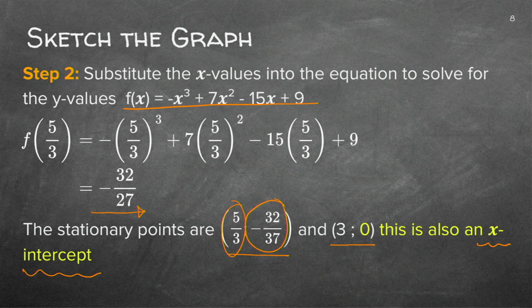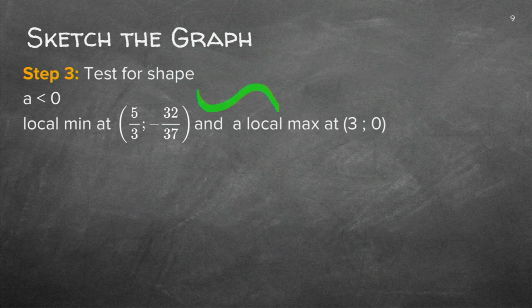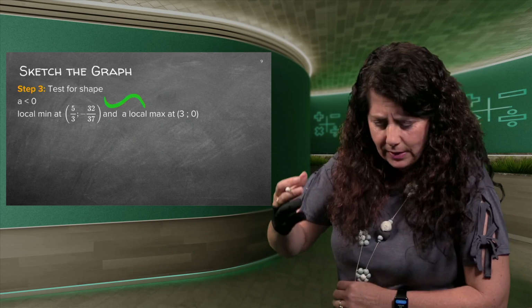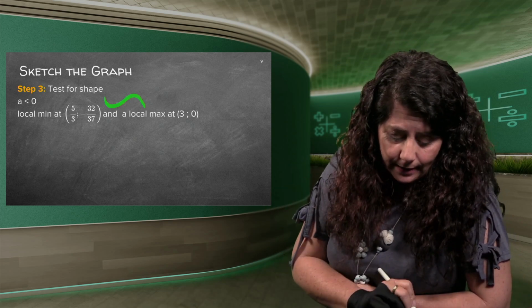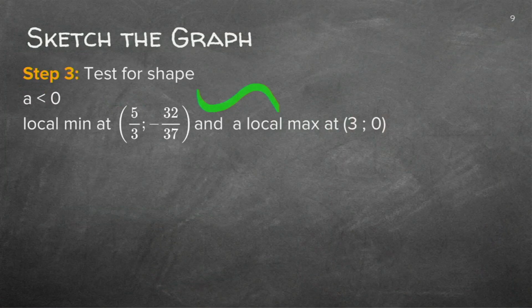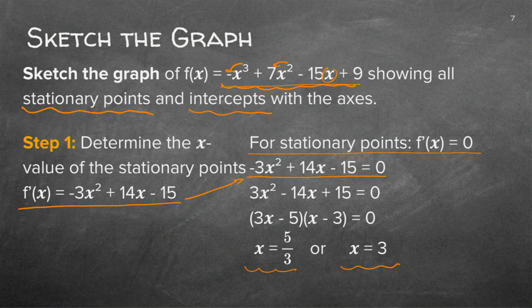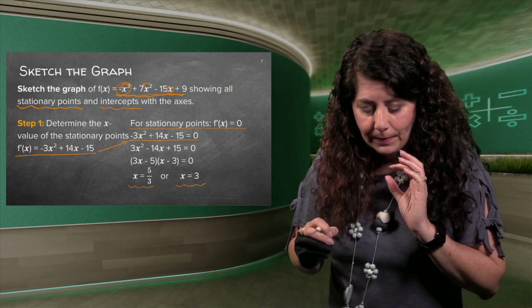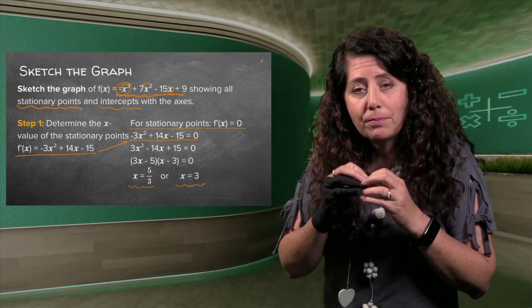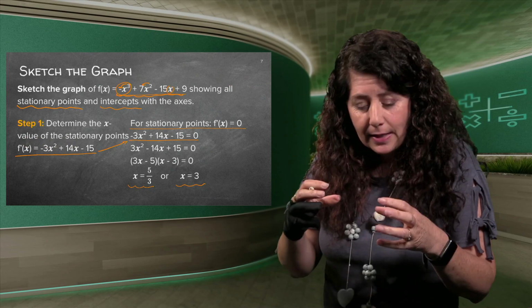x-intercept. So sketching the graph, the next step is test for the shape, because you need to know what it's going to look like. a is smaller than 0. I'm just going to go back to this slide. Remember, you look at the coefficient of the biggest x value.